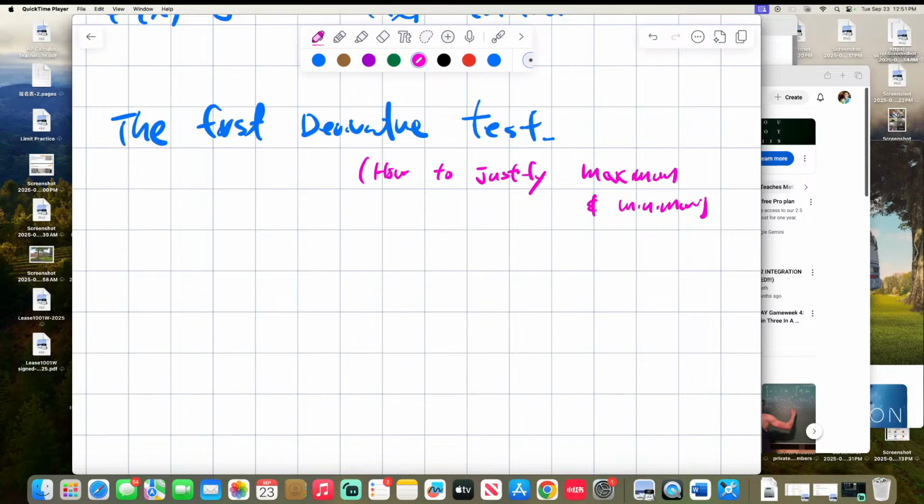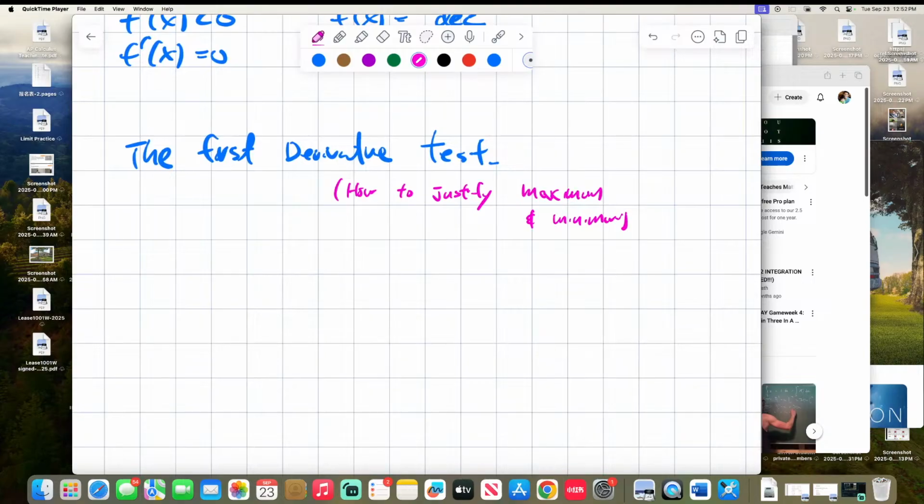By the way, there is a second way to justify maximum and minimum. The second derivative test also tells you the maximum and minimum, but in a different way. A lot of people think the second derivative test tells you concave up or down. No, the second derivative test uses concave up or down to tell you where the maximum and minimum are. That's how you justify with the second derivative test. Usually people don't do that. They usually do the first derivative test.